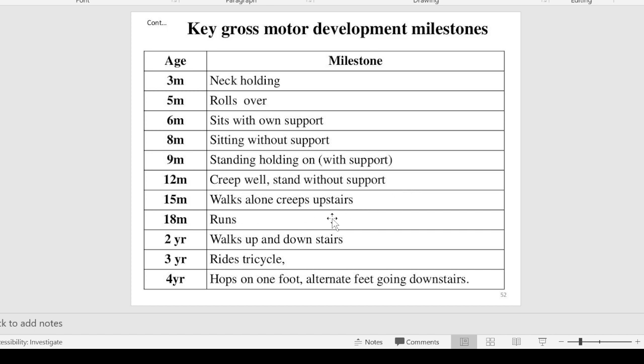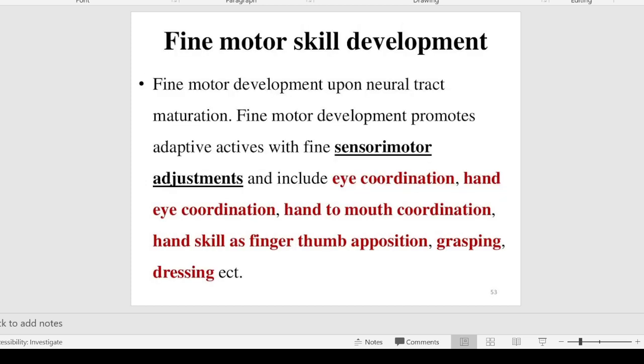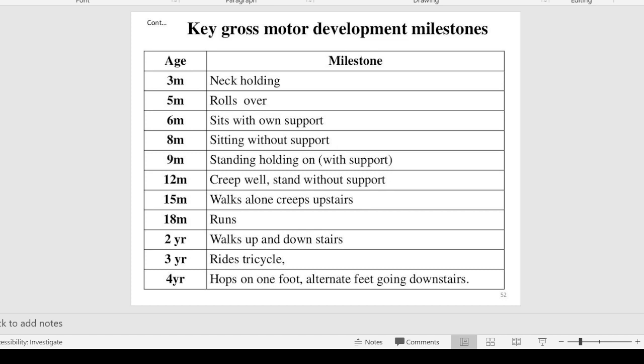At 15 months, walks alone and creeps upstairs, and at 18 months, runs. At 2 years, walks up and down stairs. Third year, rides a tricycle, and fourth year, hops on one foot and goes downstairs with alternate feet. That is all about gross motor, which uses the central body part.